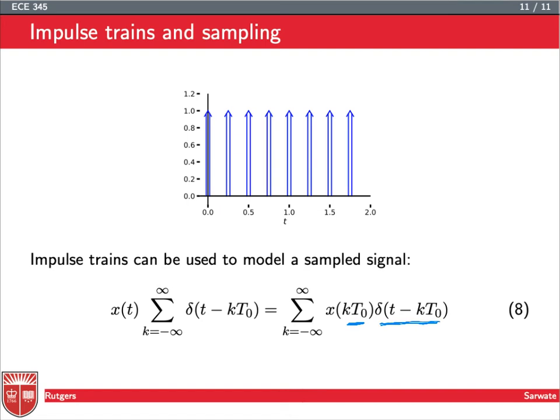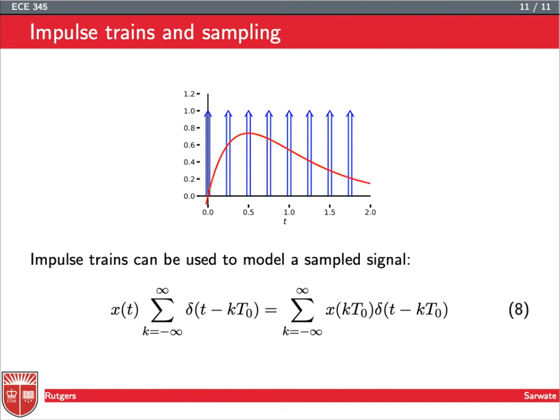If I converted these deltas into the Kronecker delta of k in discrete time, then I would essentially get exactly my sampled signal as a discrete time signal. That's why impulse trains are very useful for thinking about the connections between continuous time and discrete time.